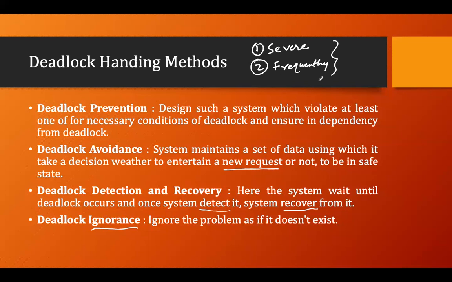If this is the scenario, do we use the prevention technique or the avoidance technique? Which technique will we use? If the frequency of power failure is very low, let's say 15 minutes in 3 or 4 years, which method will apply here?